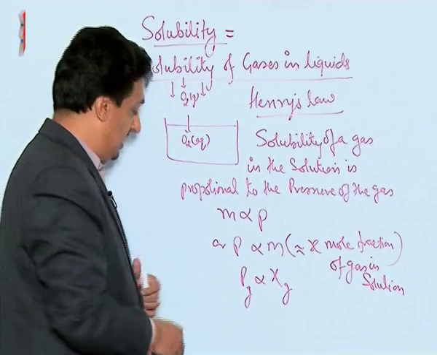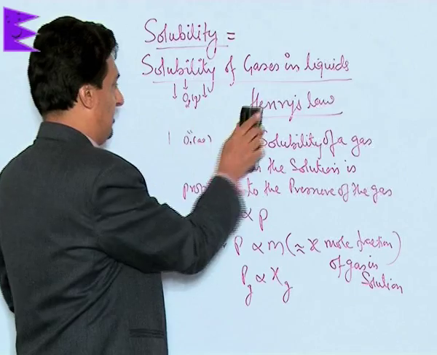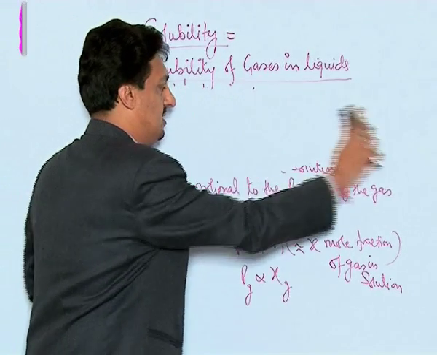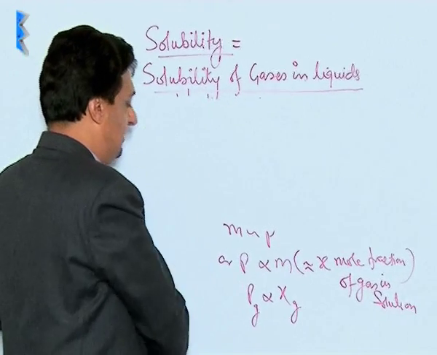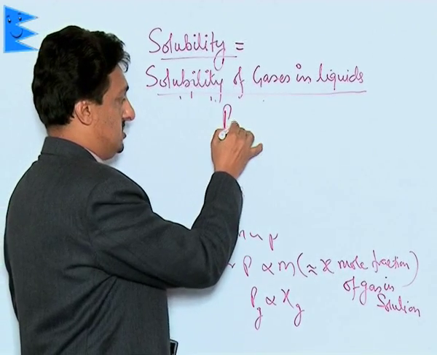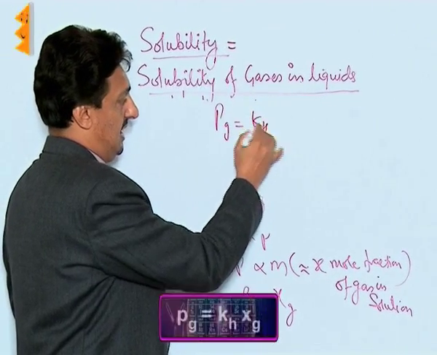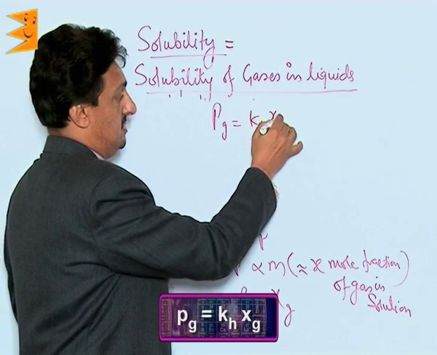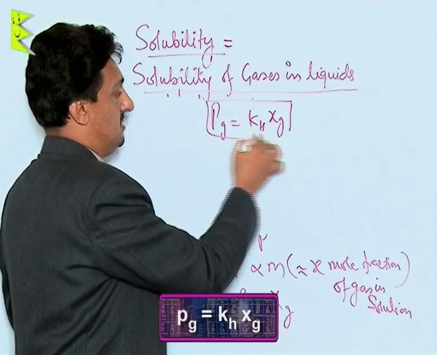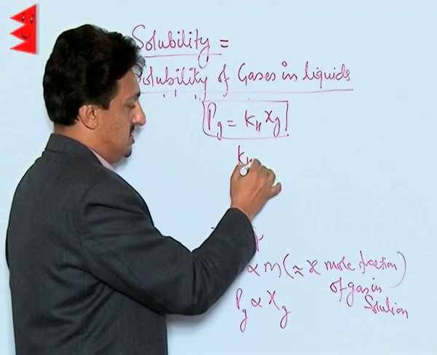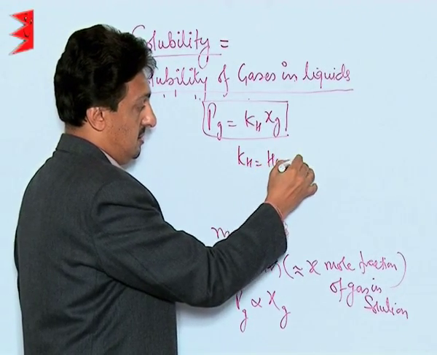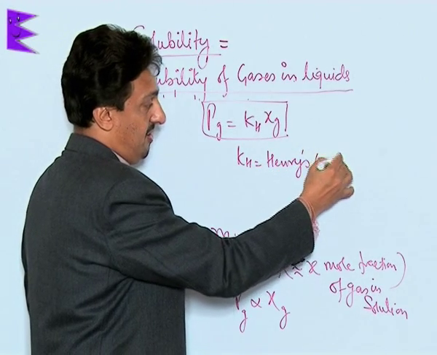This proportionality is turned into an equation by a constant which is called Henry's constant. So this becomes P = KH xg, where this KH is called Henry's constant.